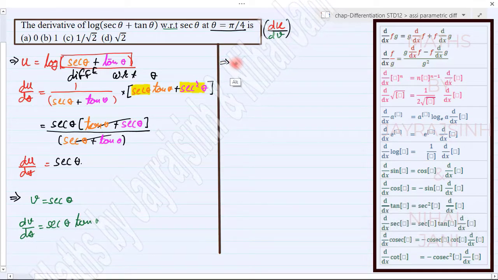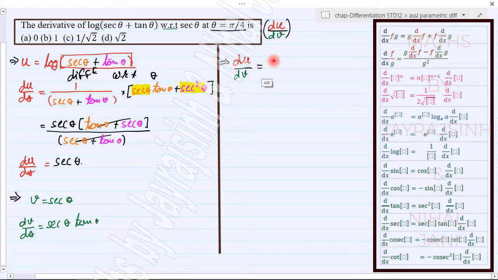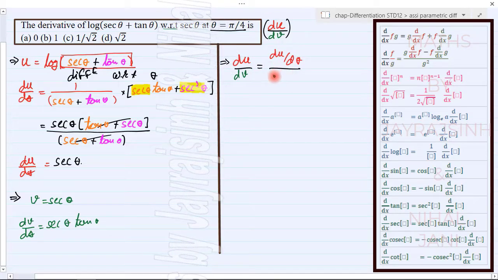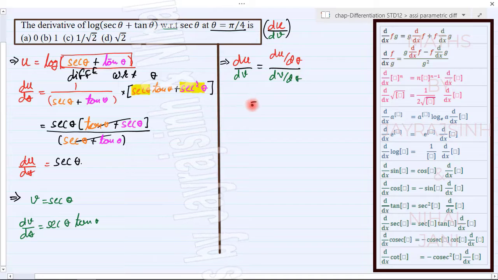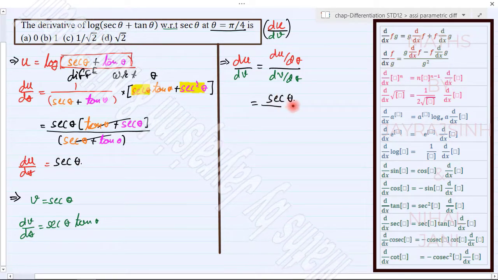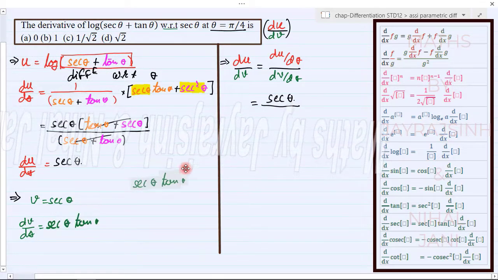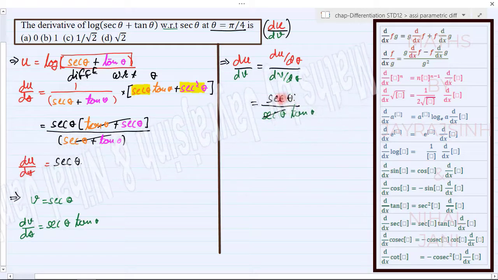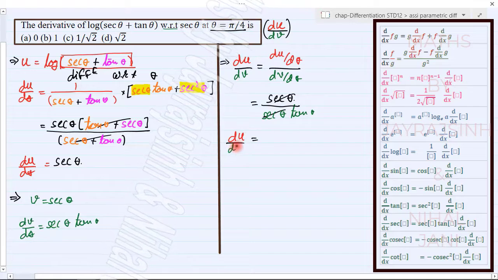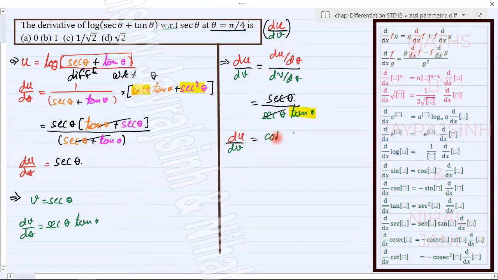So we are ready to get du by dv, which is the ratio of du by d theta and dv by d theta, which we already found out. du by d theta is sec theta and dv by d theta is sec theta tan theta. So sec theta will cancel out and your du by dv is simply the reciprocal of tan theta, which is cot theta.